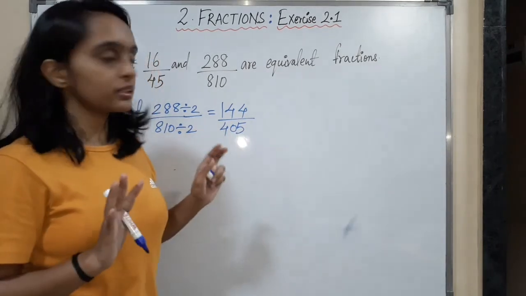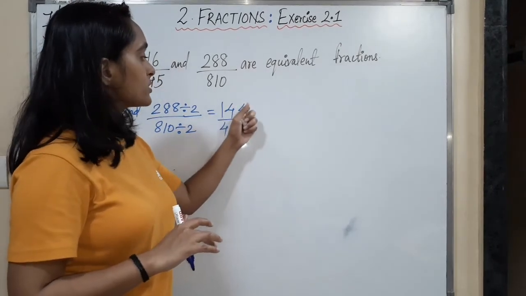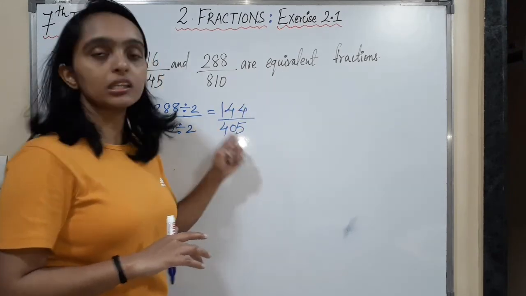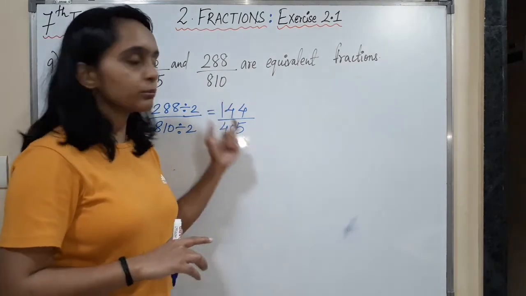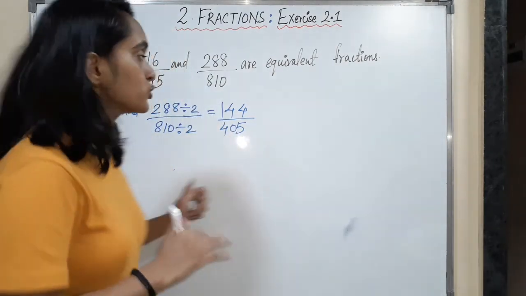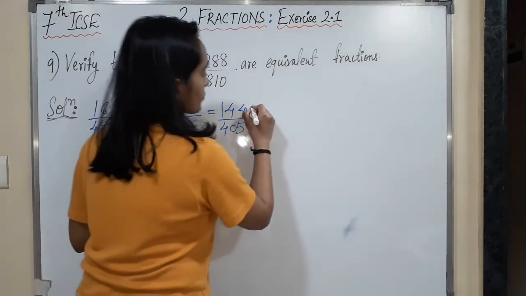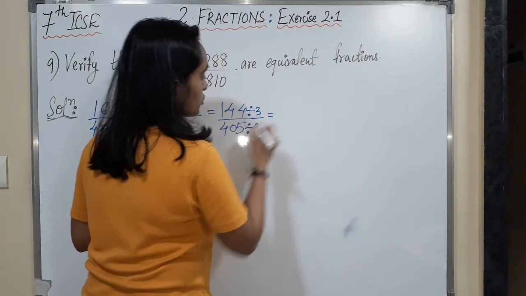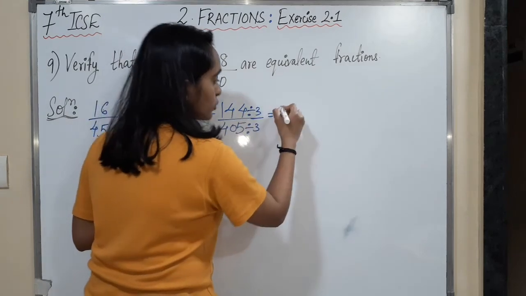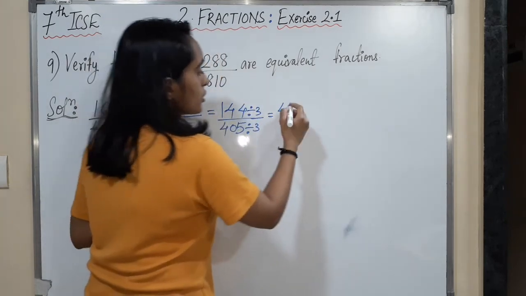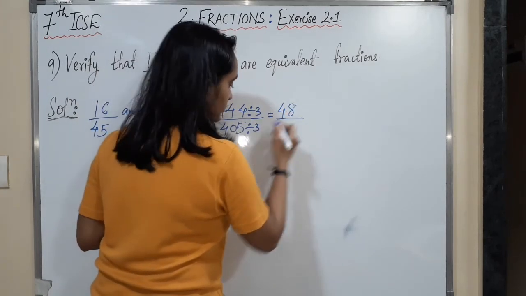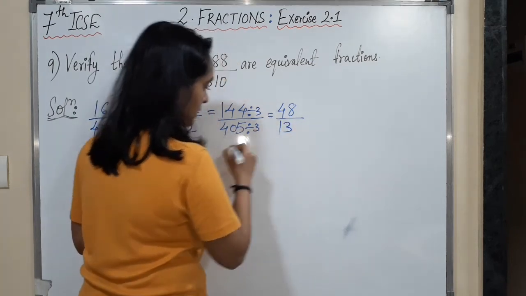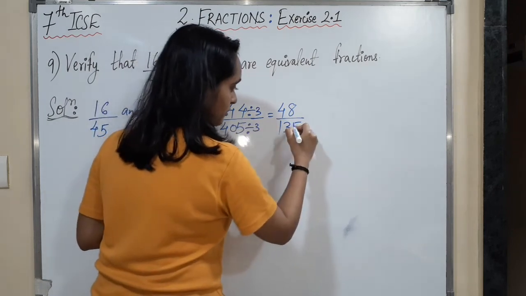So we will check for 3. 1 plus 4 plus 4 equals 9 and 4 plus 0 plus 5 is again equals to 9. So clearly this number is divisible by 3. So we will divide it by 3 now. Dividing by 3, you will get 48 upon 135.